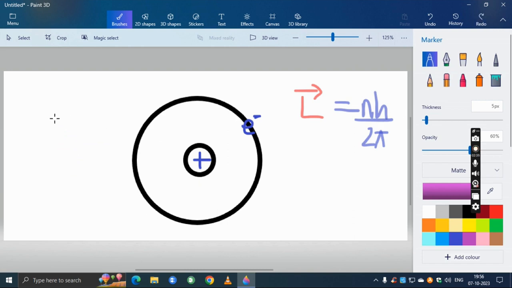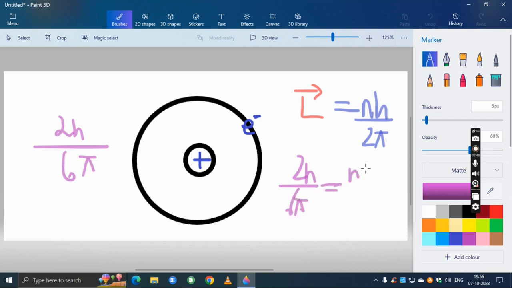Well, what about 2h by 6 pi? If you compare it with the general form, equating 2h by 6 pi to nh by 2 pi, you're going to get n equals 2 by 3.